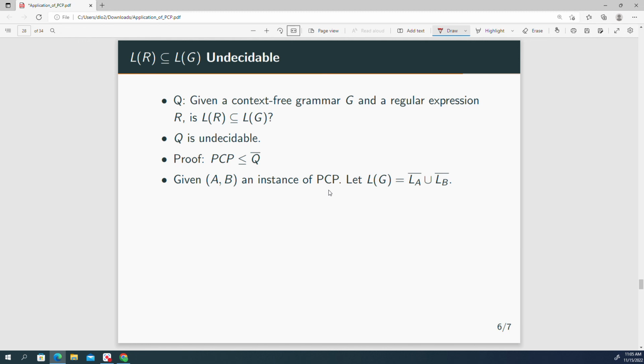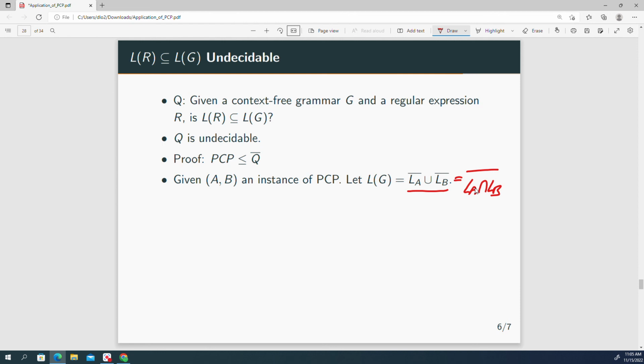Now we have L sub G equal to this special language G, and this is again context free. And don't forget, this is the complement of LA intersect LB. So LA intersect LB is where AB has a solution, so basically this language contains everything but the solution.